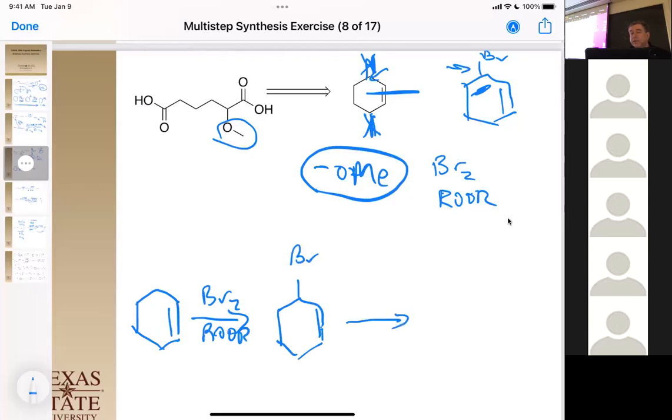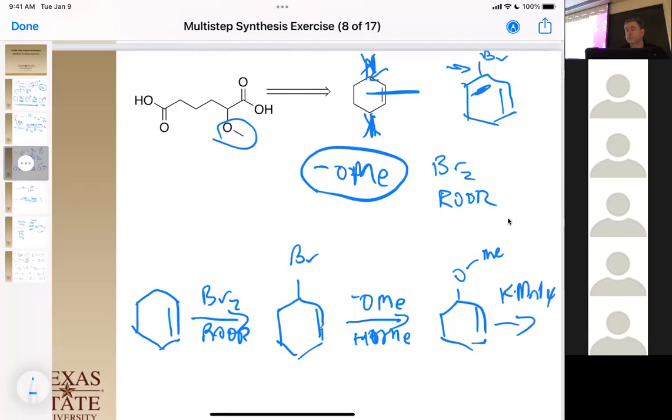And then we're going to attack it with MeO in methanol. And that's going to give us OMe with our double bond still intact. And then we're going to clip that double bond with potassium permanganate and base and water. And that gives us our product.